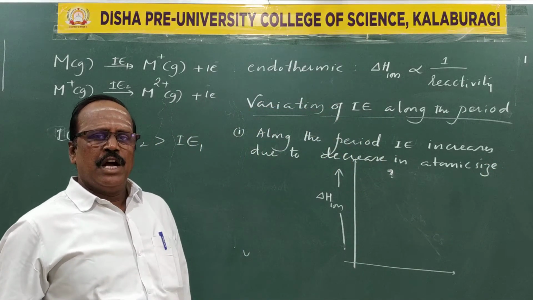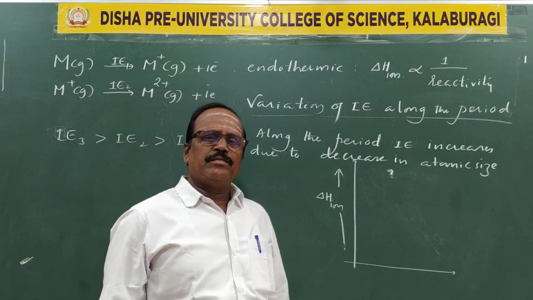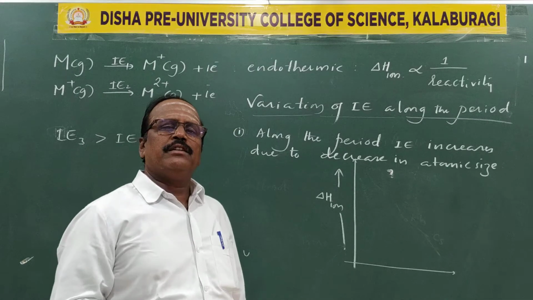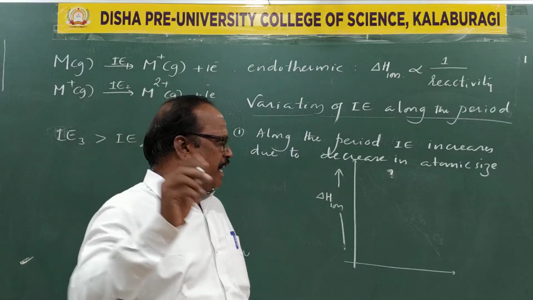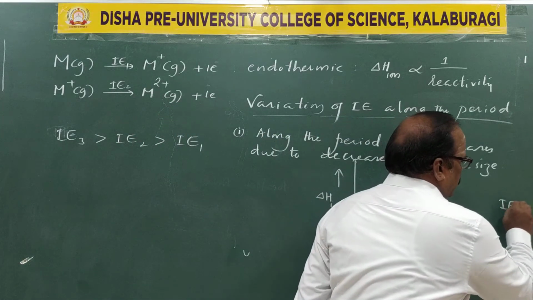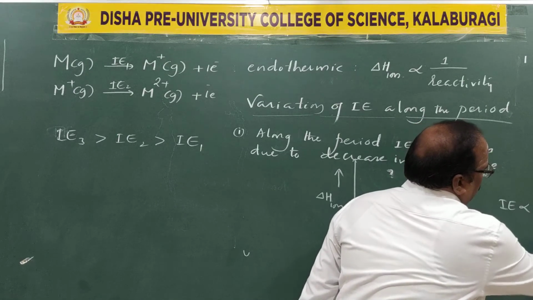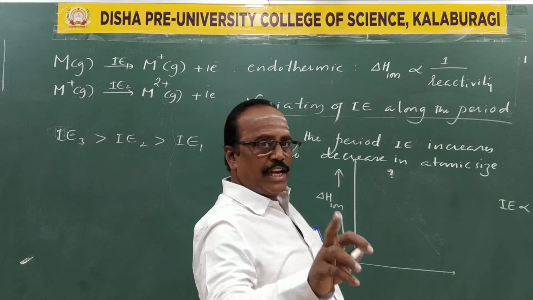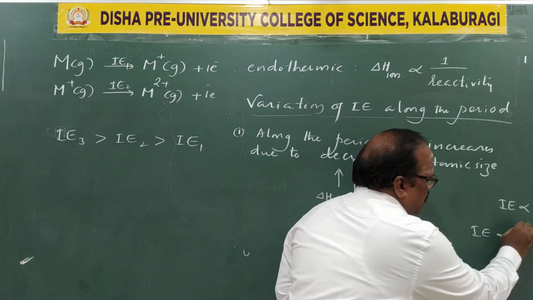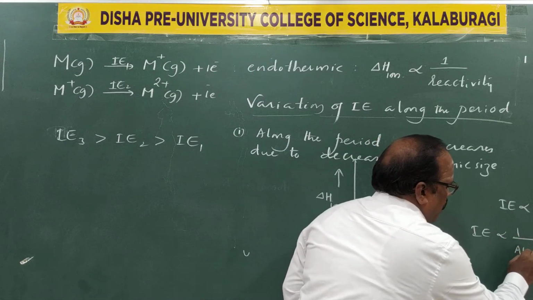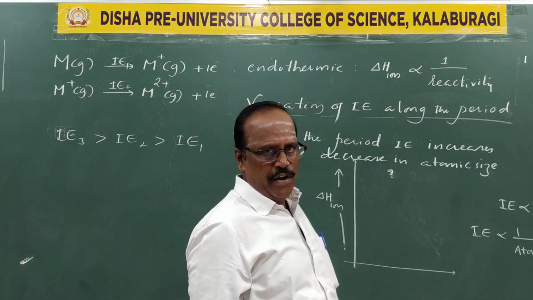So remember, ionization energy is directly proportional to effective nuclear charge and inversely proportional to atomic size and ionic size. I repeat, ionization energy is directly proportional to effective nuclear charge, and ionization energy is inversely proportional to atomic size or atomic radius or ionic radius or ionic size.